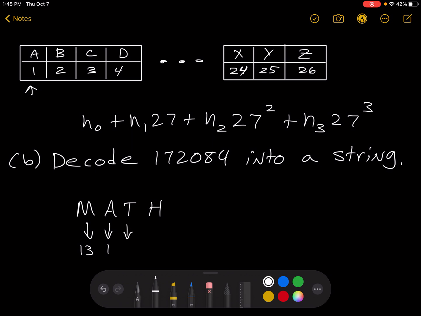T was assigned 20. H was assigned 8. And so that means that this is 13, this is 1, this is 20, and this is 8. So now we'll see how we can find those numbers.